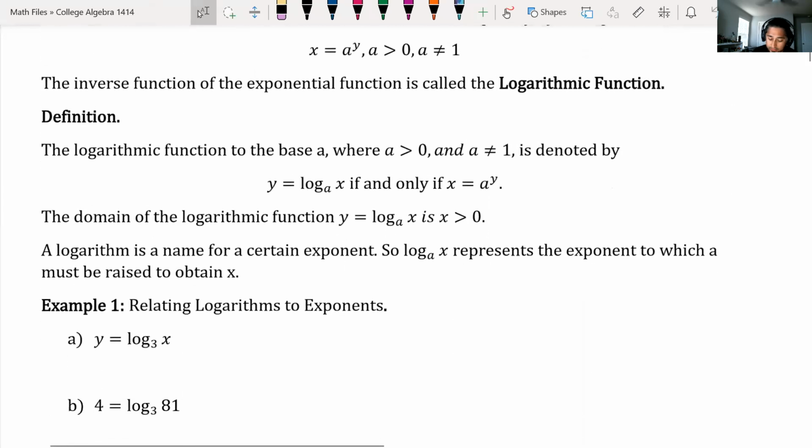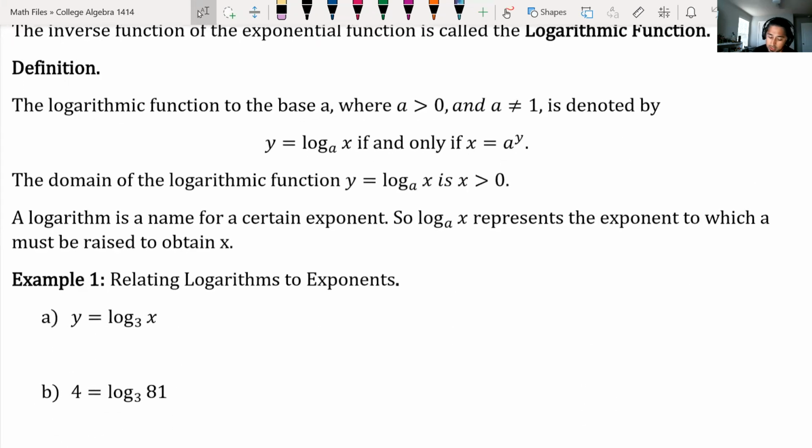So the definition of a logarithmic function, the logarithm to the base a, where the base has to be greater than 0 and not equal to 1, is denoted by y equals log base a of x if and only if x equals a to the y.